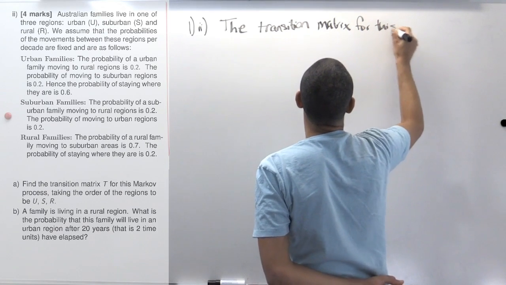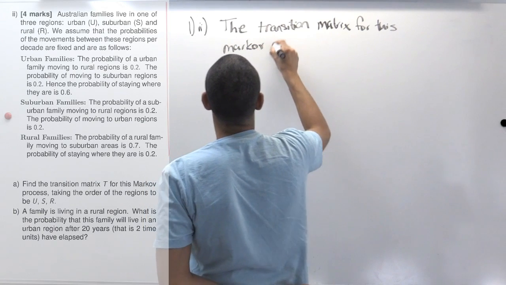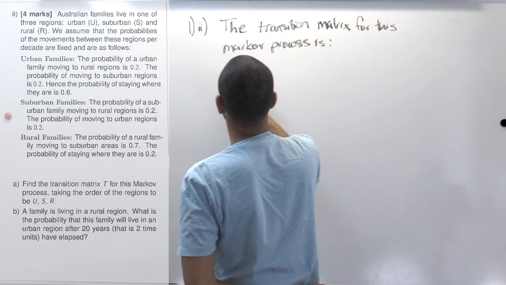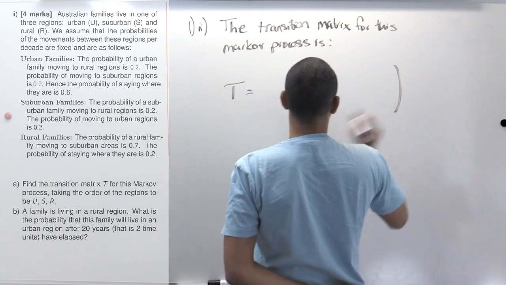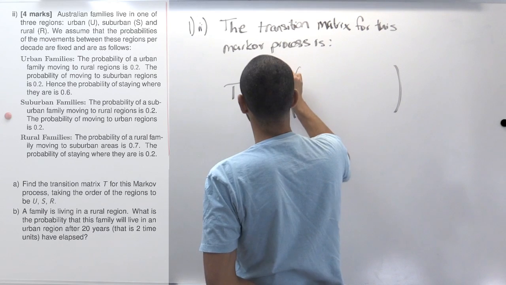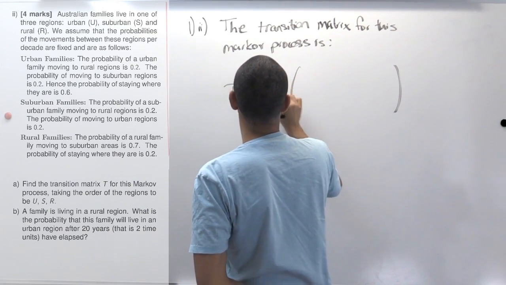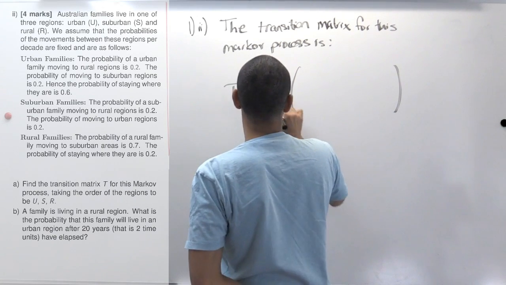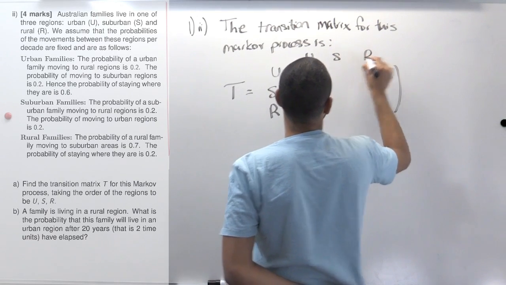This Markov process is... and then you say T is equal to. So we're going to have urban, suburban, and rural, both along the rows and columns.